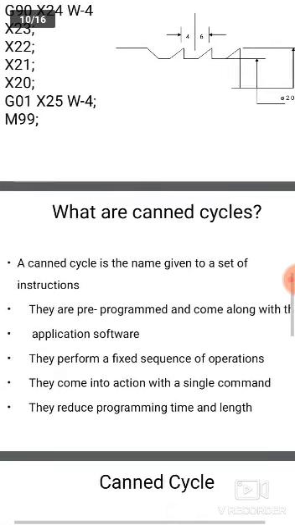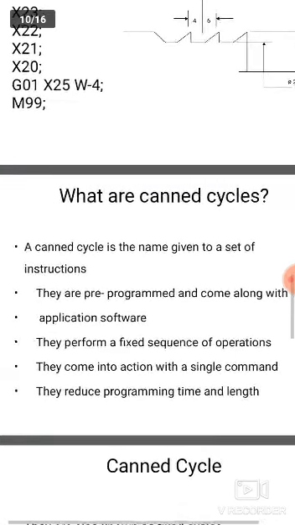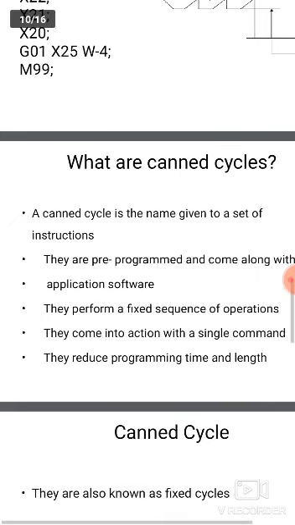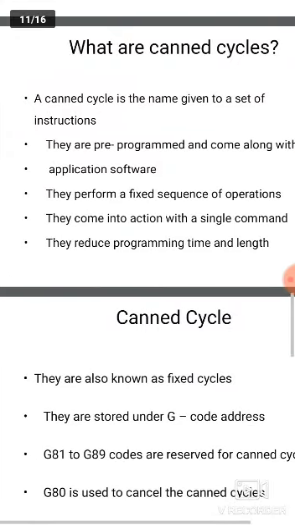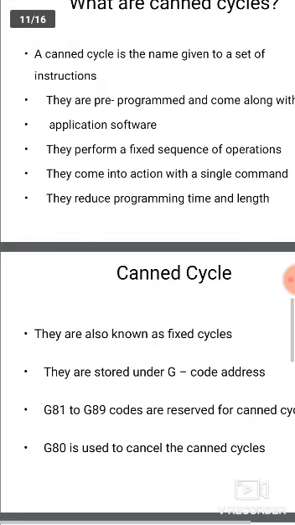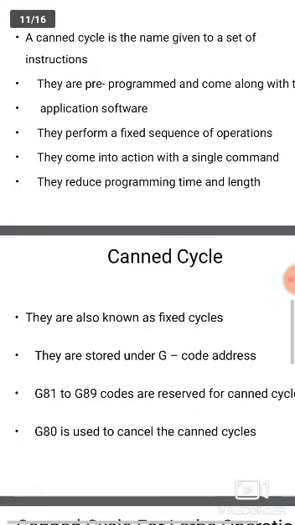They perform a fixed sequence of operations, and they come into action with a single command. They reduce the program length and time, so they are also known as fixed cycles. They are stored under G codes and M codes.